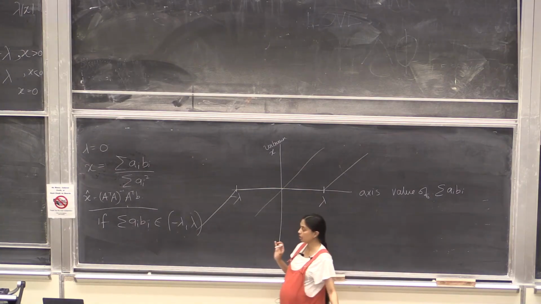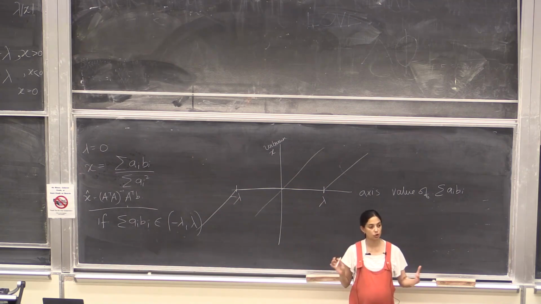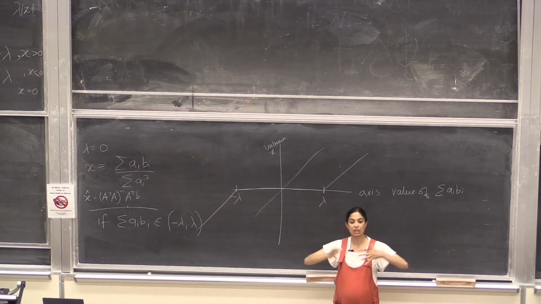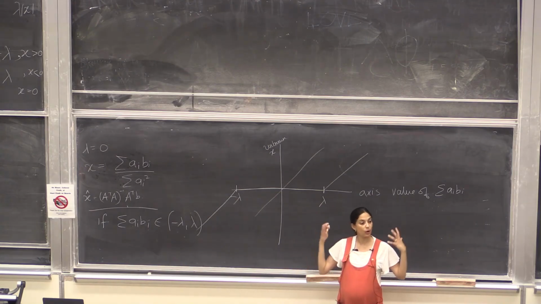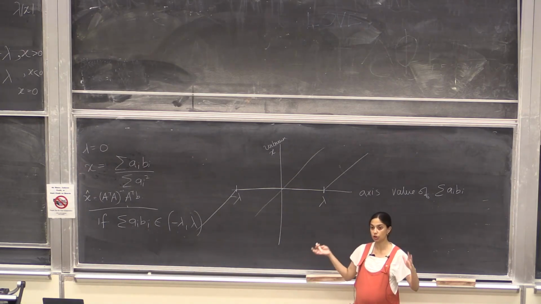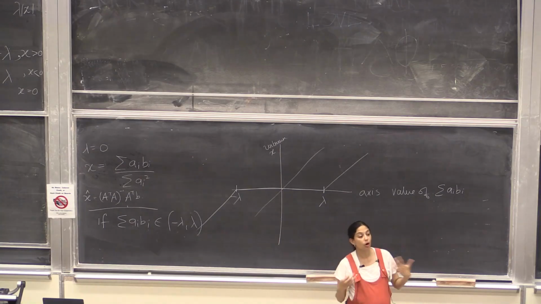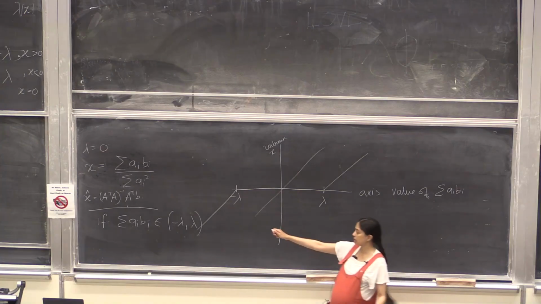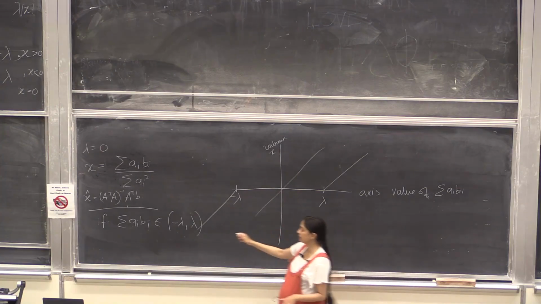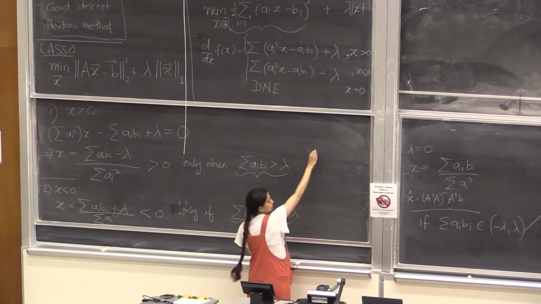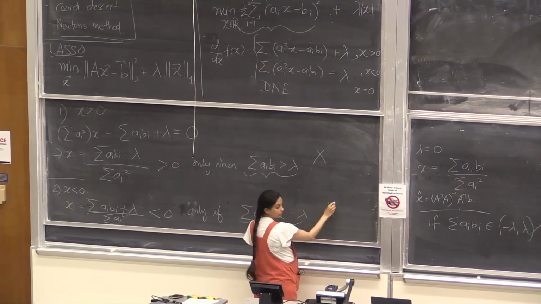What this is saying is that what lasso is trying to do is that the bigger lambda is, the larger the interval where x is being set to 0. So compared to the least square solution, you're more likely to set something to 0. Does that make sense? Why is x 0 in this interval? If ai bi is in this interval, you cannot be in this case, nor in this case.